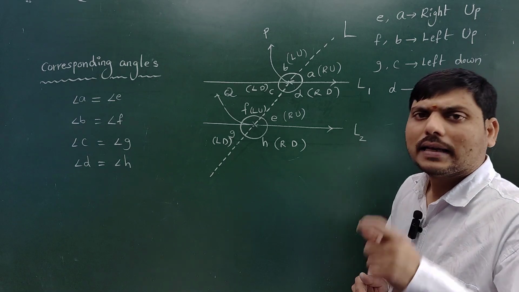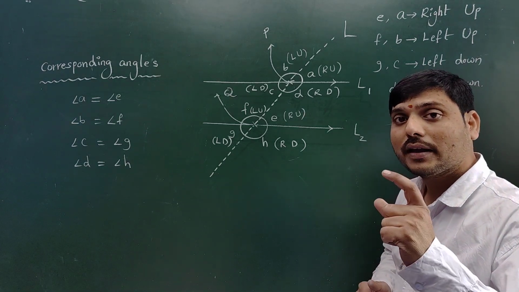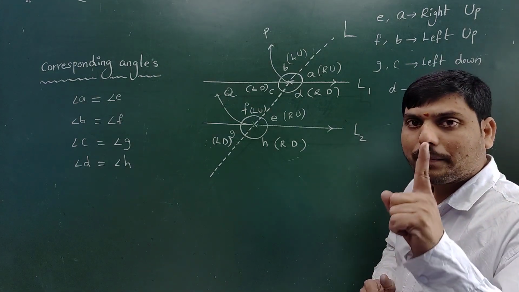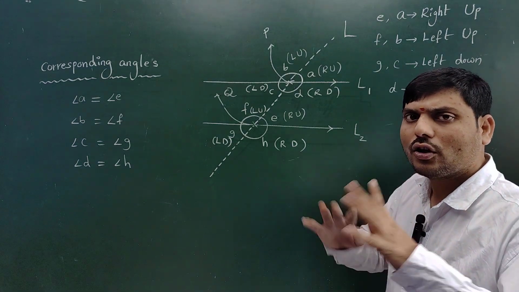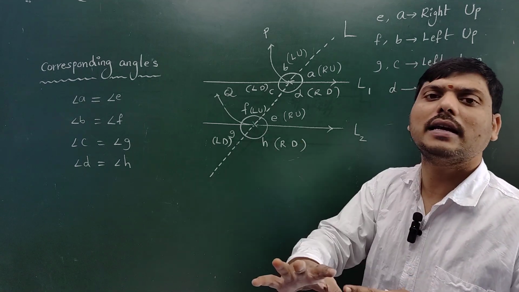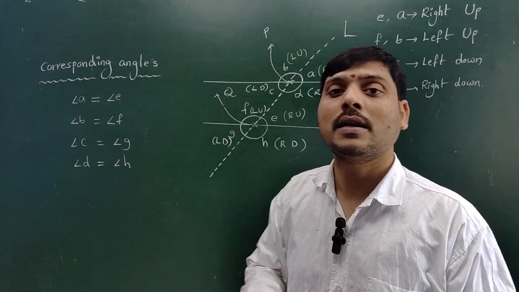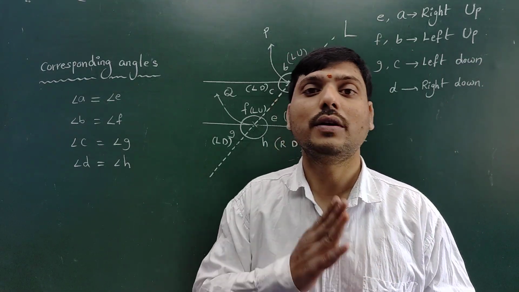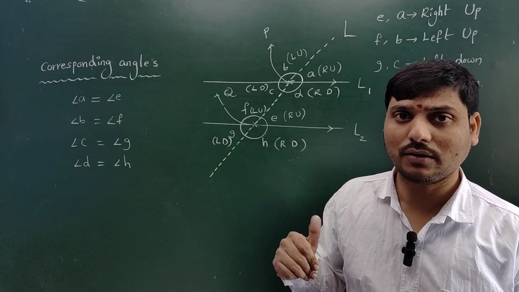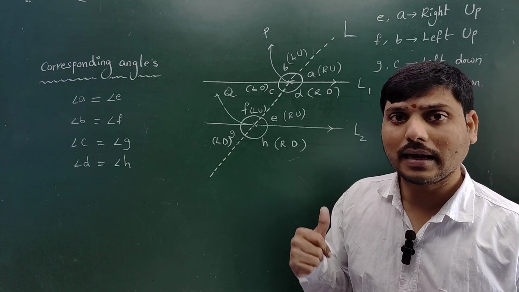Conversely, if the lines are parallel to each other, then all corresponding angles are equal. Not all pairs need to be checked; just one pair of equal corresponding angles immediately makes the lines parallel. This is the most important statement in the concept of lines and angles, corresponding angles.